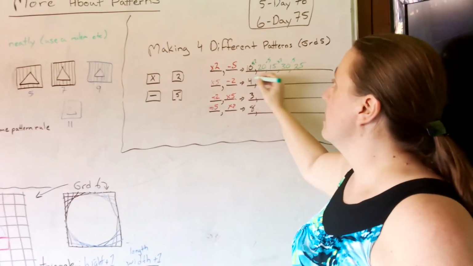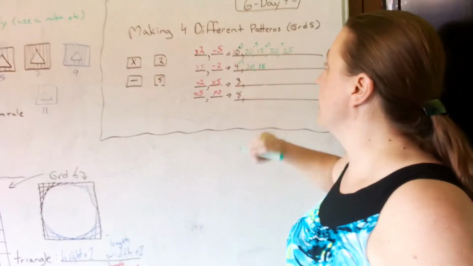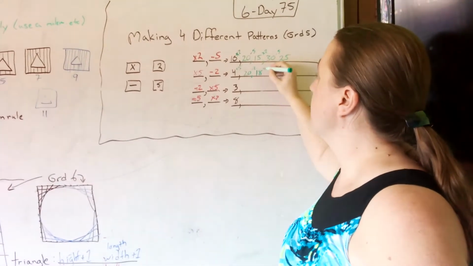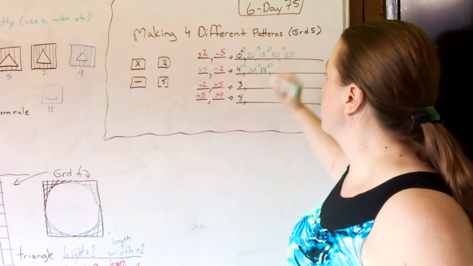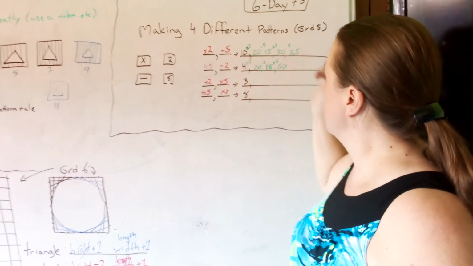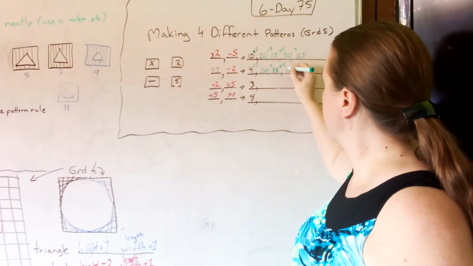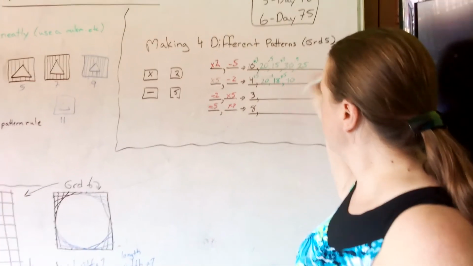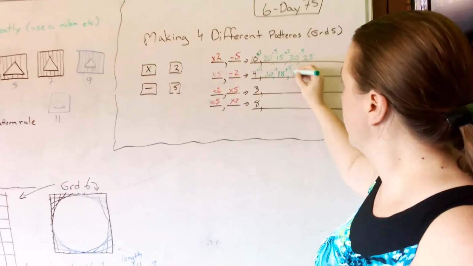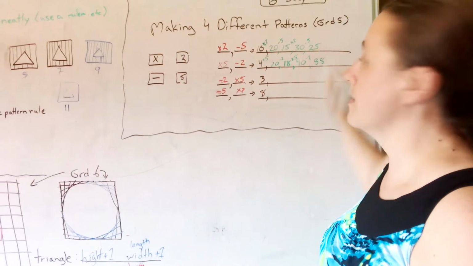This one here, times 5 is 20, minus 2 is 18, times 5 is, I didn't do this math ahead of time, so 50? No, that's not right. 90. Should be 90. Yeah. Okay? Minus 2 is 88. Like that.